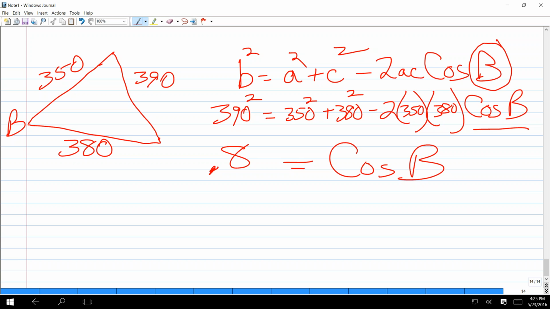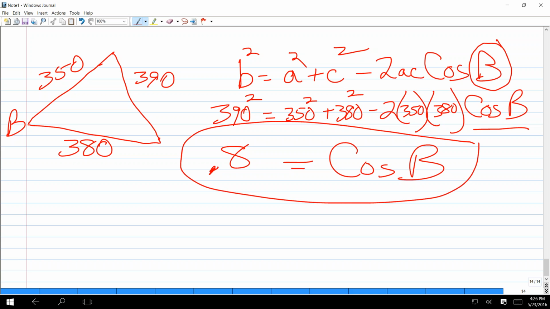But it still would be easier without all those extra zeros. My point is that you're going to get down to some point where the cosine of B is equal to a certain number after you go through all the algebra.